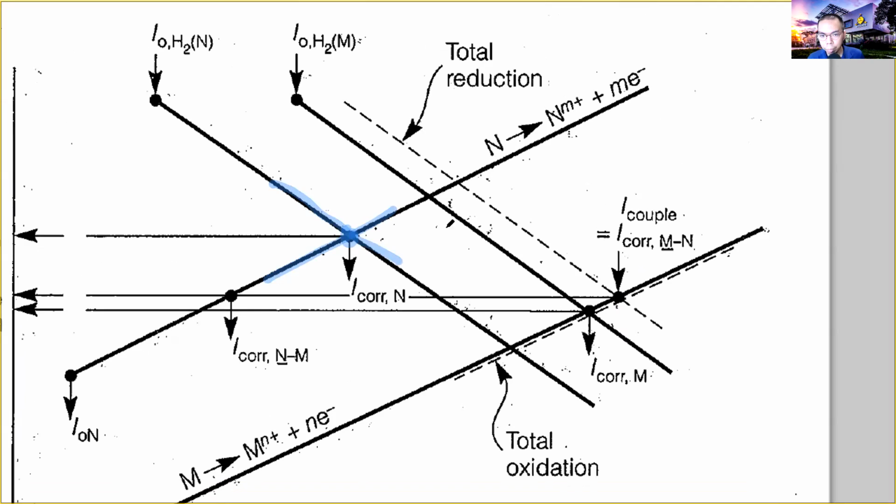While for M, it's the intersection of the reduction at M, and yung oxidation ni M. So I corrosion ni N is ito, and I corrosion ni M is this one here. And makita natin, pag ginalvanic couple na natin siya, yung corrosion ni N bumaba. While yung corrosion ni M tumaas.